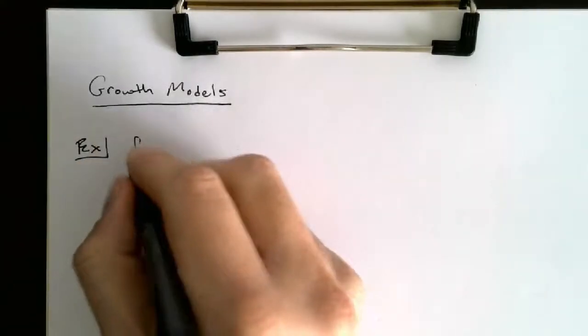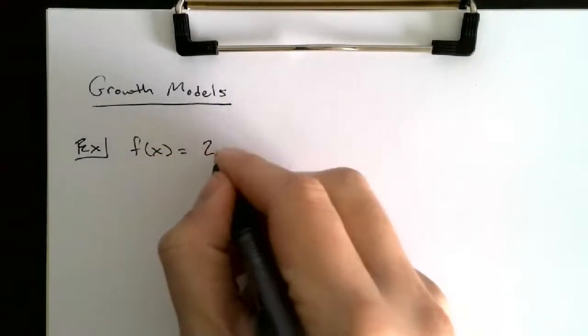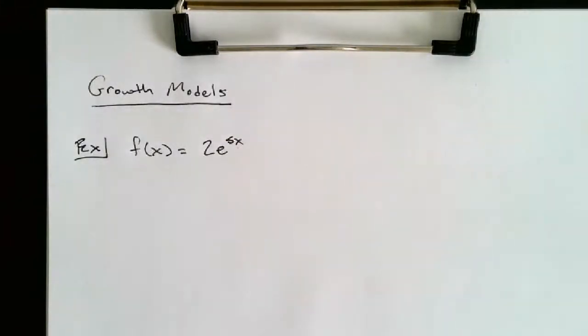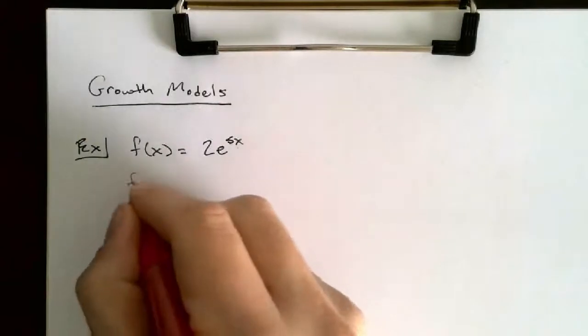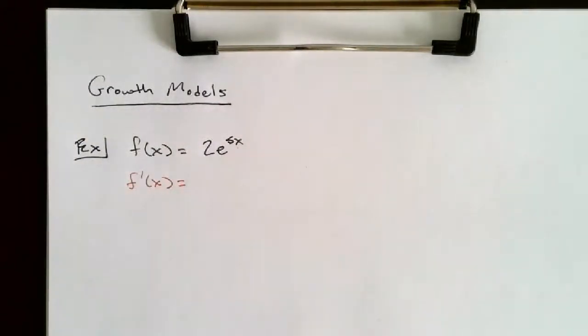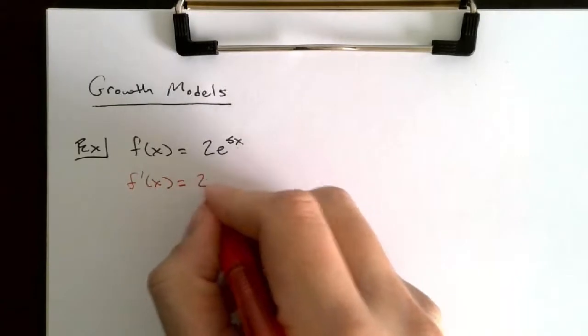Suppose I had f of x equals 2e to the 5x power. If I was to take the derivative of that, f prime of x, remember how you take the derivative of an exponential. You have a constant times a function, so the constant 2 will stay in front.